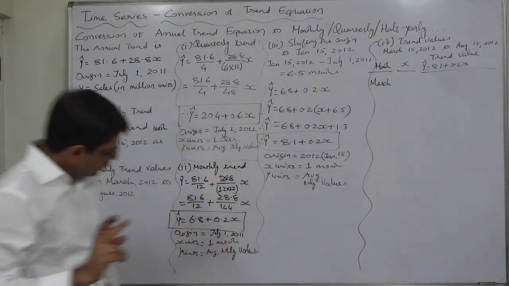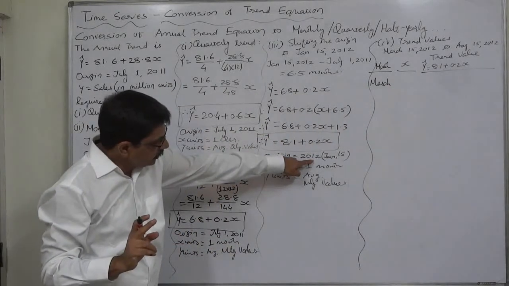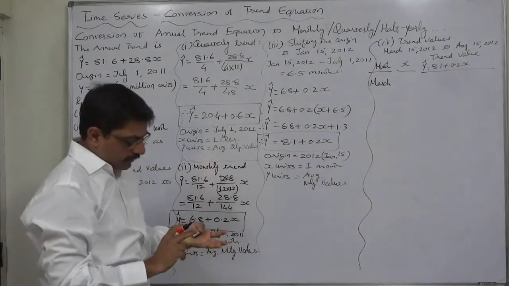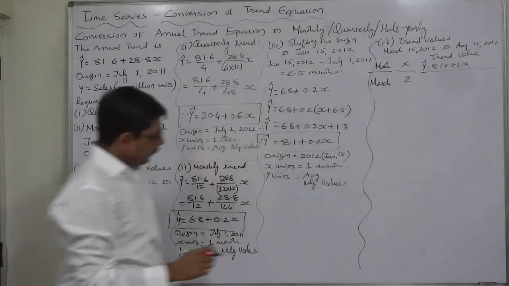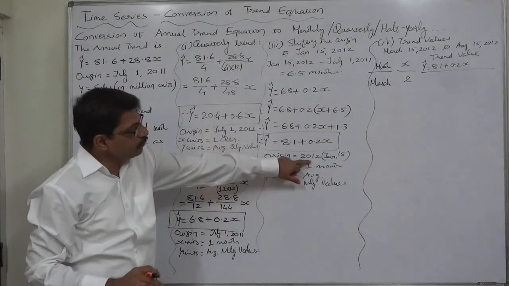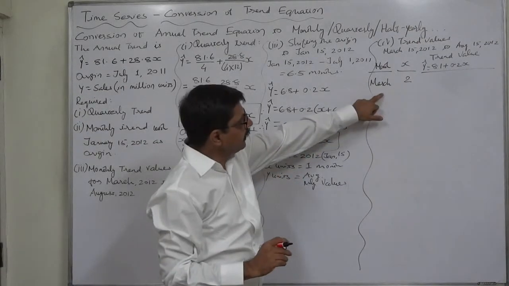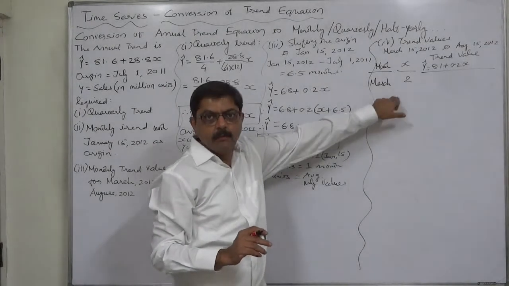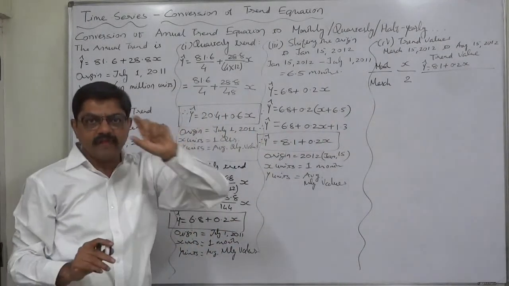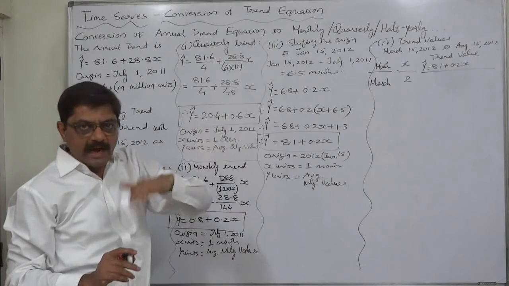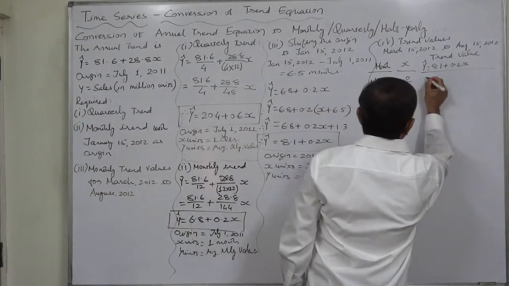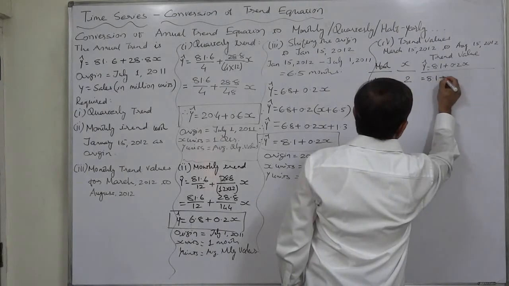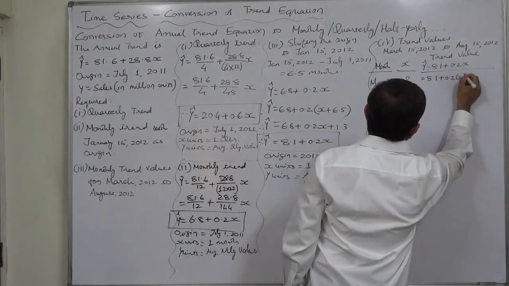Now month March. Yes, March. And the origin is January. So month will be February and March, 2. X value will be 2. Because origin is January 2012 and we need the trend value of March. So in March the value of x will be 2, March minus January. So it will be 8.1 plus 0.2 into 2.